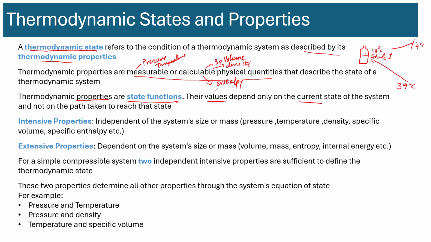It doesn't matter how it got to this state. All that matters is it is at this state right now. So properties are state functions. We'll look into that briefly in the next slide.